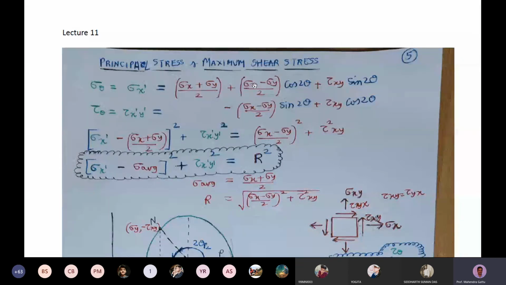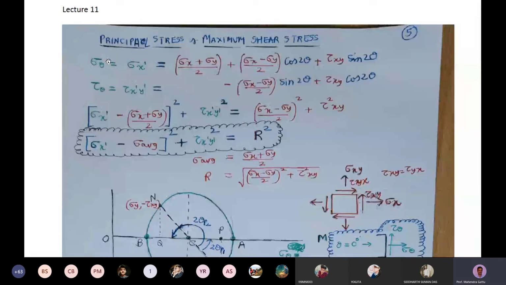First we will discuss the principal stresses. We have the normal stress, sigma theta, given by this expression, and the shear stress tau theta given by this expression.